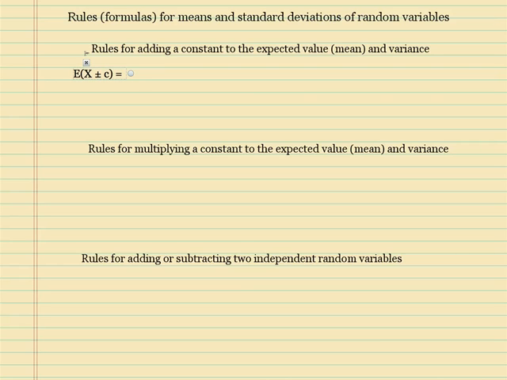All we would do is take the expected value of x and add or subtract that constant. I'm going to write these out, and then I'm going to do another video explaining what they mean.